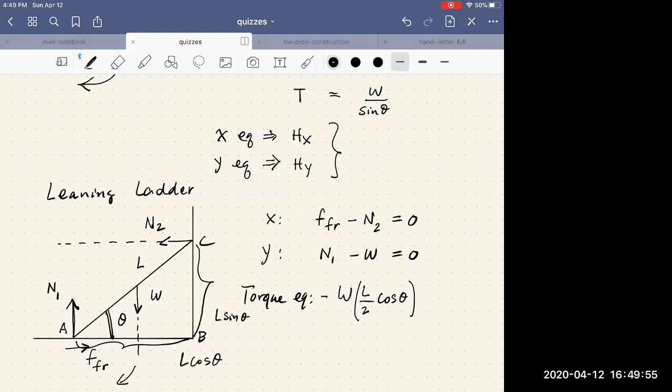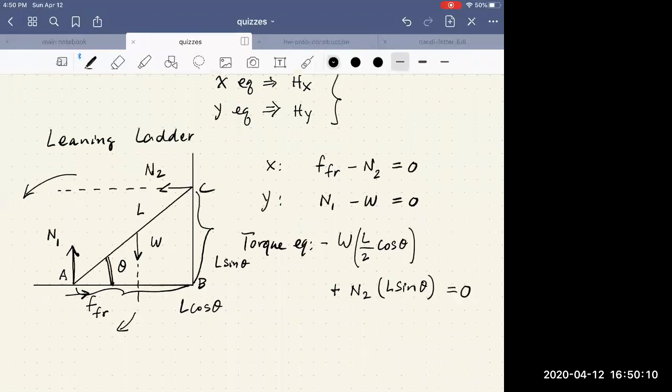So therefore, I should write N2 times L sine theta. And this is going to be a torque in the counterclockwise direction, so make it plus, and that should be equal to 0. So I've actually set up all the equations.